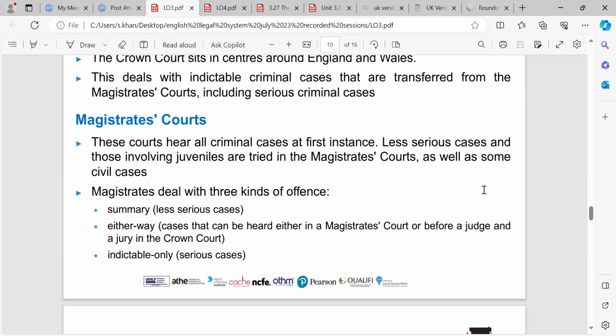And cases that would be dealt with by the Magistrates Court are things like minor traffic offences, minor theft, like maybe pinching a packet of crisps or a bar of chocolate from a shop. So it's really minor offences, less serious offences. If they cannot be dealt with by magistrates, they would go to the Crown Court, where a judge and a jury would deal with the case.